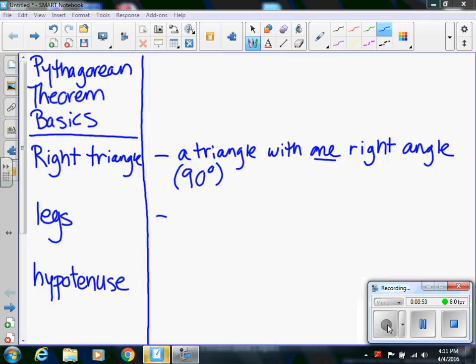The legs of the triangle, and this is important to make sure you understand, are perpendicular to each other. These are the sides of the triangle that form the right angle.